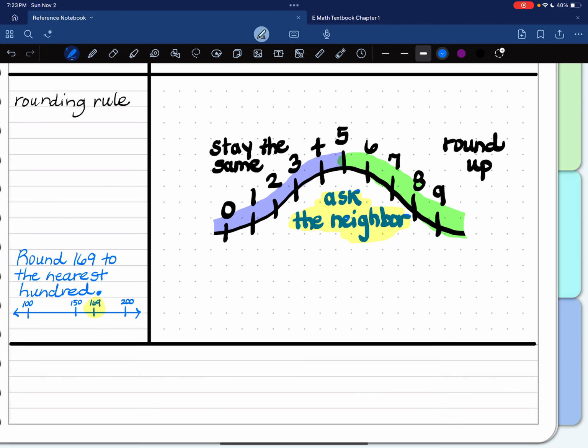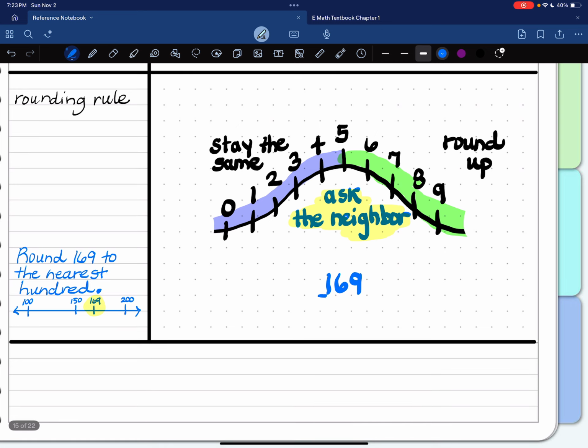So what you do, you write the number you're interested in. So 169 is our number. And then you underline the place that it's telling you to round to, the nearest 100. So let's underline the hundreds place. And then you draw an arrow back to the neighbor. We're going to ask the neighbor what to do.